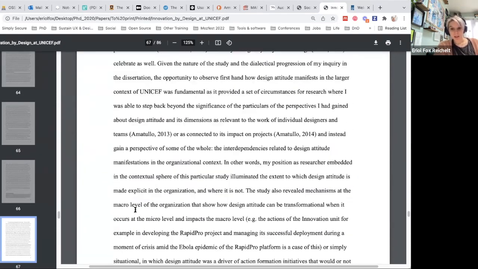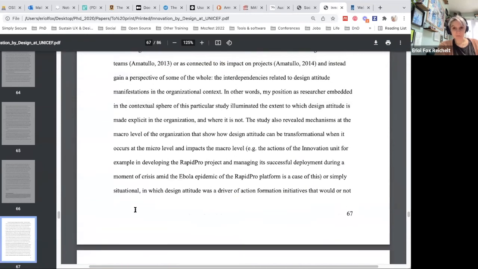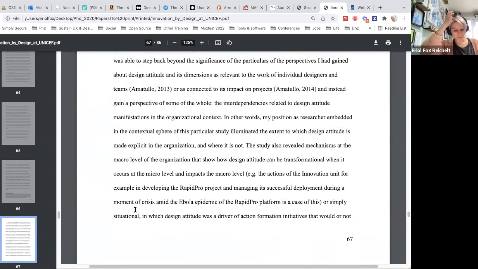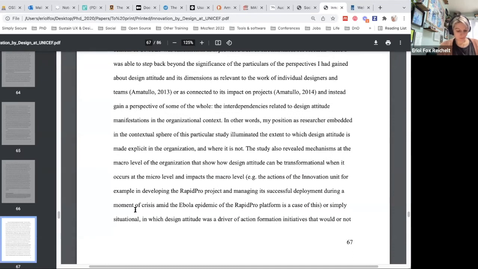On page 67, we've got a statement which is gaining perspectives on the interdependencies related to design attitude.